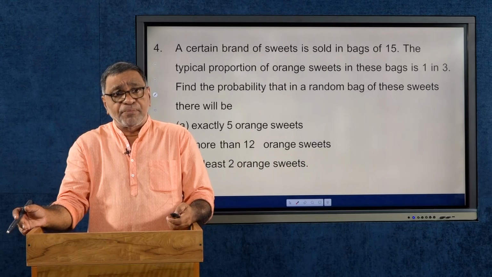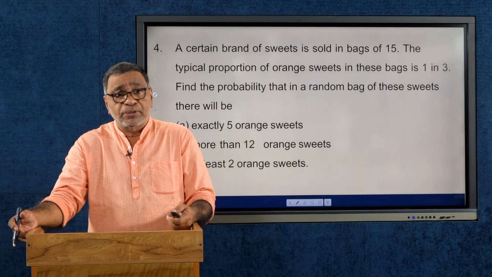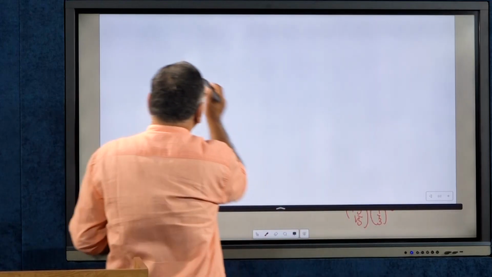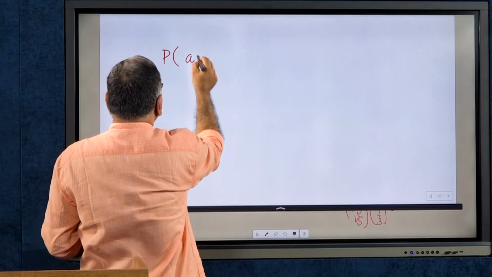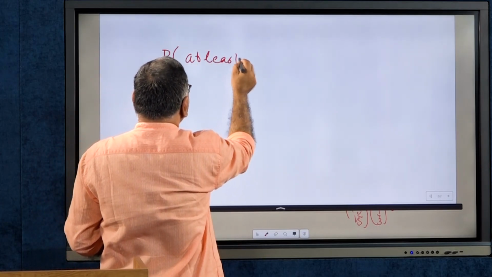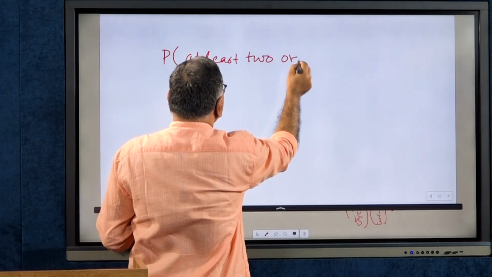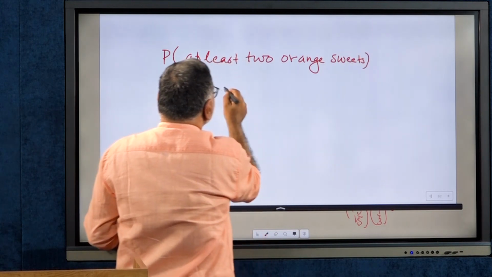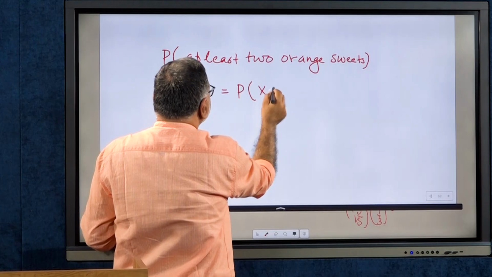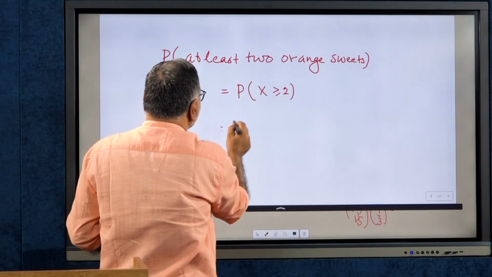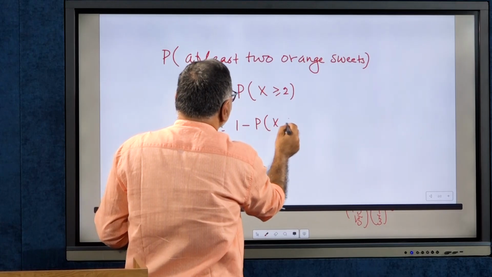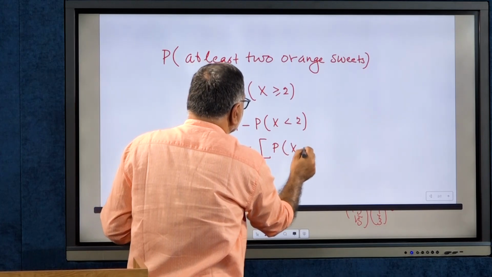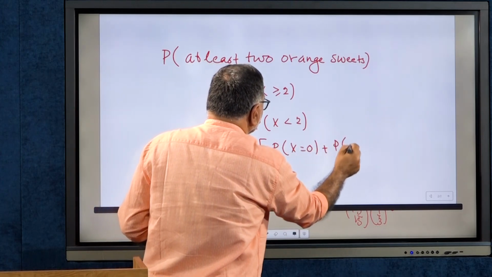And the next problem is to find the probability of at least 2 orange seeds. That is probability of X greater than or equal to 2, that is 1 minus probability of X less than 2. That is 1 minus probability of X equal to either 0 or X equal to 1.